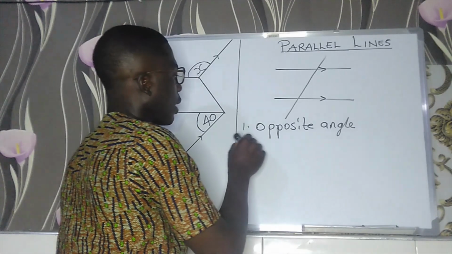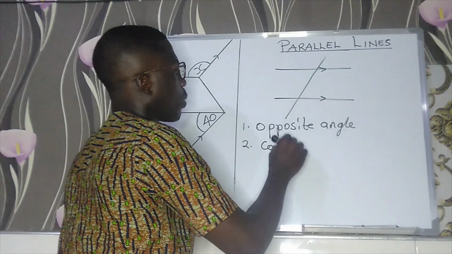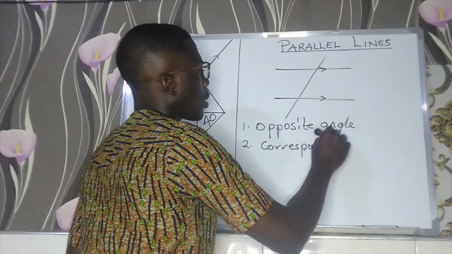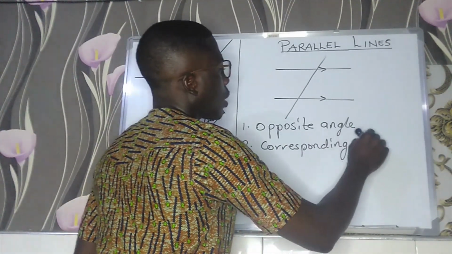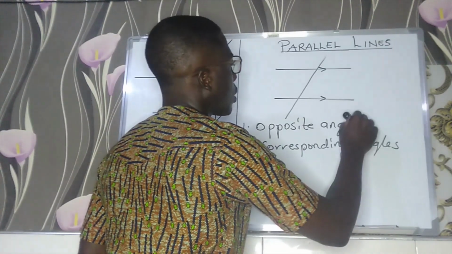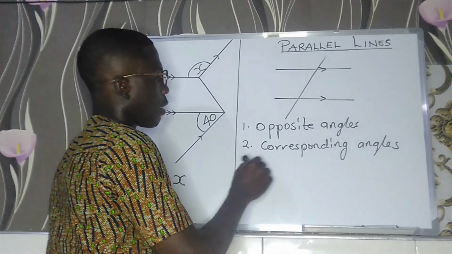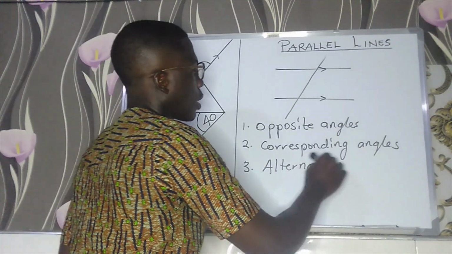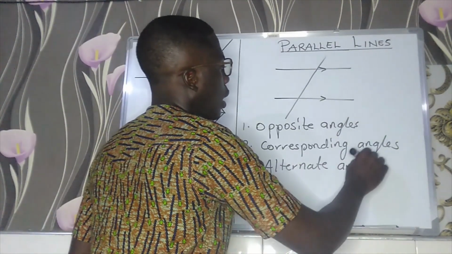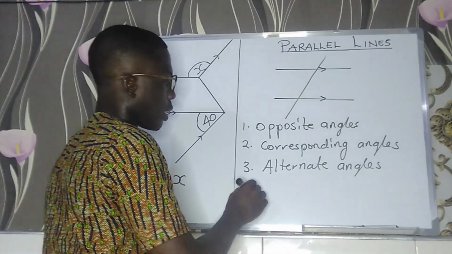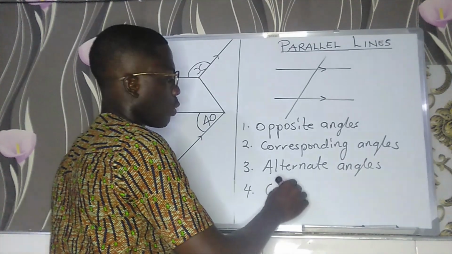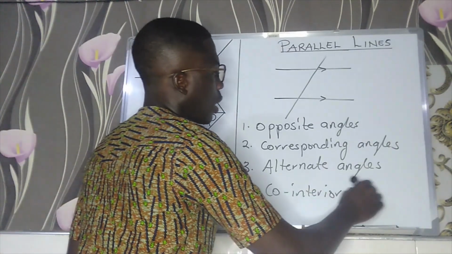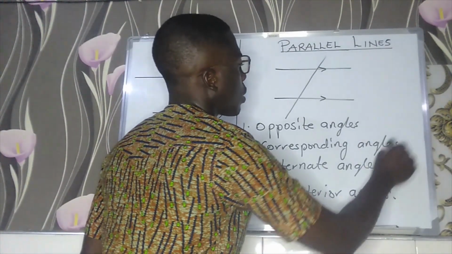and then we have the corresponding angles. We also have alternate angles, and then the last one we have our co-interior angles.